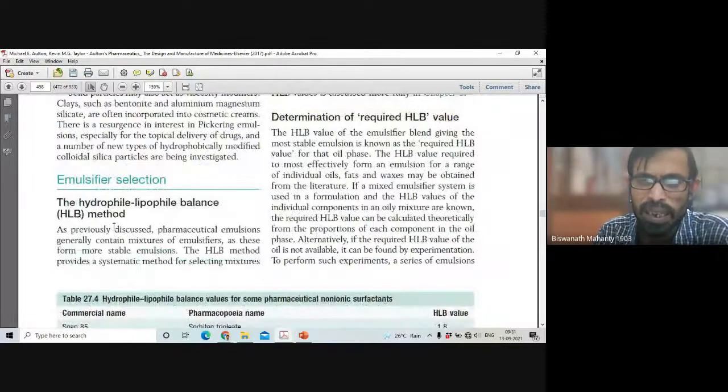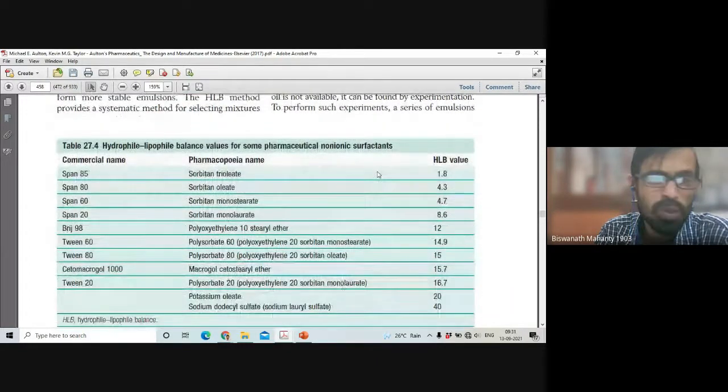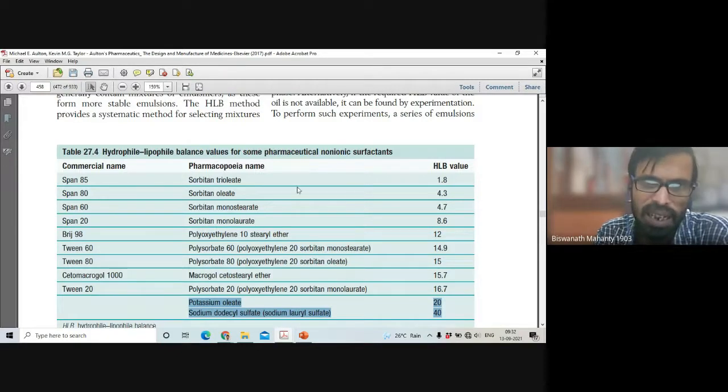So HLB is a lipophilic-hydrophilic balance, and you can see some examples of HLB values. As I told you, some groups can have very high HLB values. Otherwise, normally ionic groups will have very high. Otherwise, they are moderately between 1 and 20. So this HLB scale is not very strict and rigid. Just for example, we are talking.